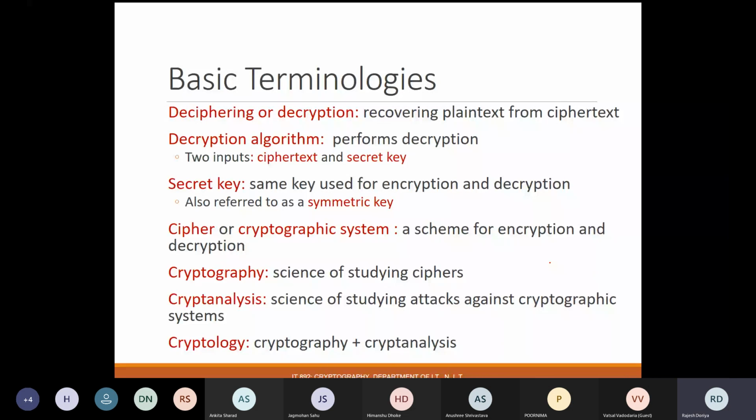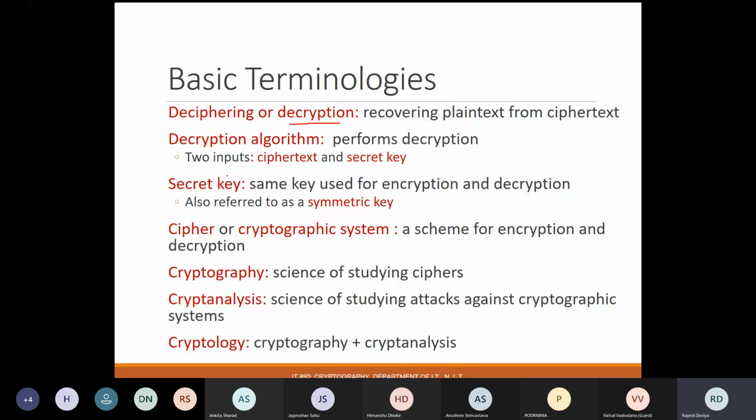Now, apart from the initial terminologies, there are some more terminologies. For example, decryption, which is just the reverse process of encryption. That means recovering plain text from ciphertext, right? And this process is called the decryption algorithm. Again, we have two inputs in this case as well. The first input is the ciphertext, and the other one is your secret key.